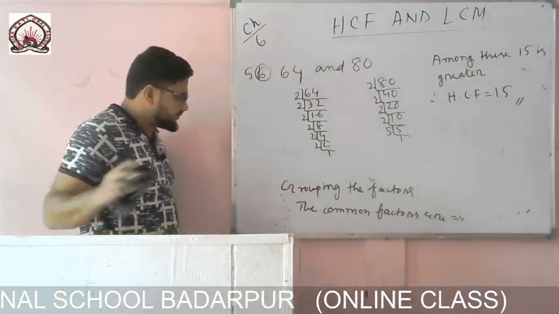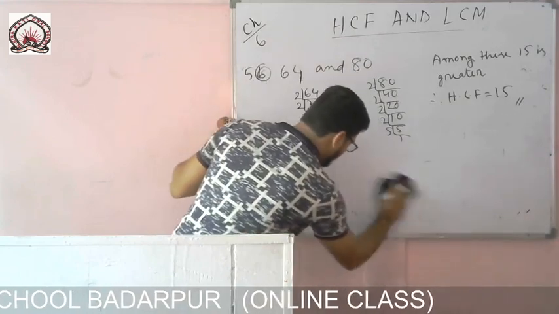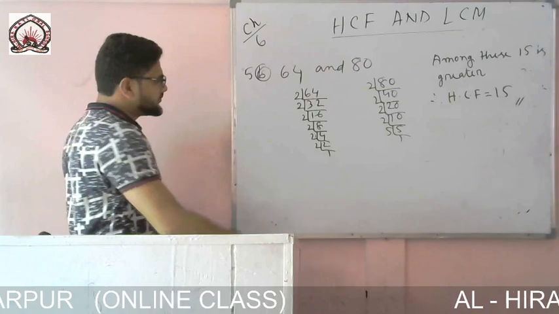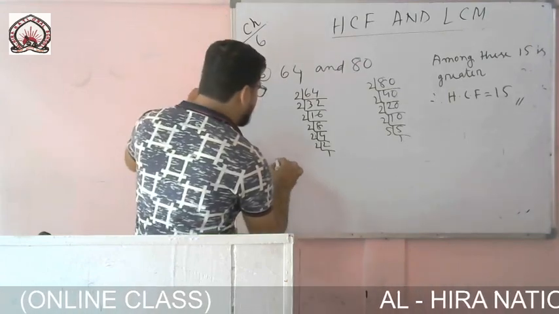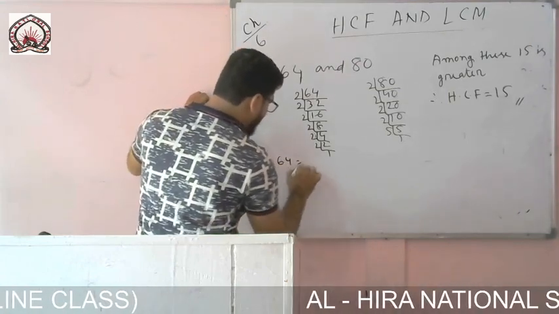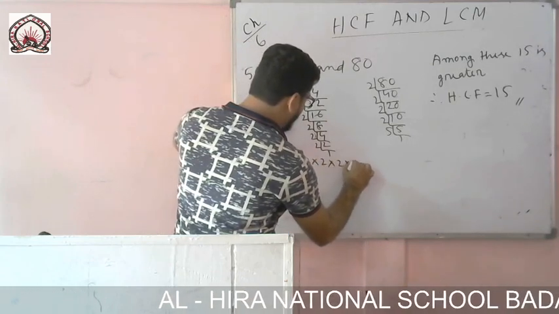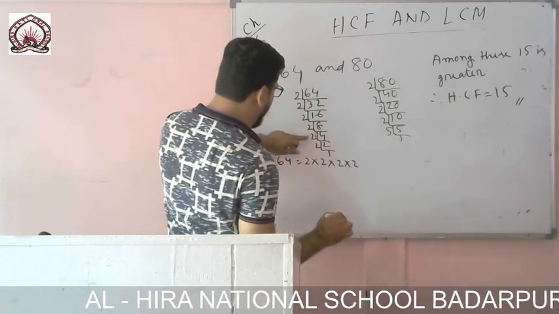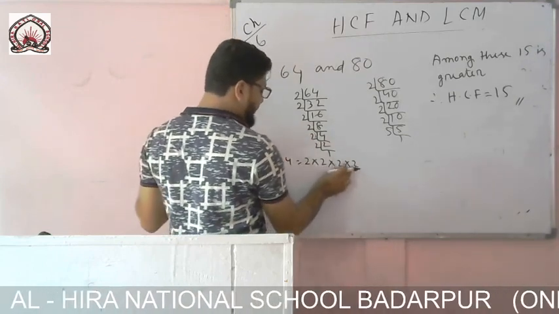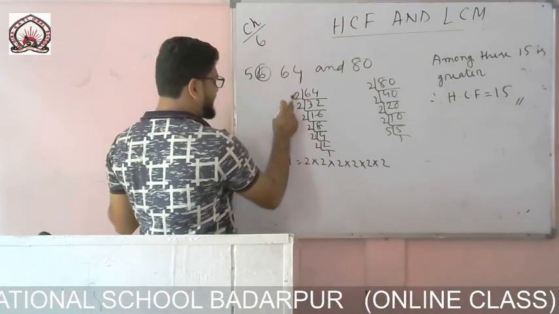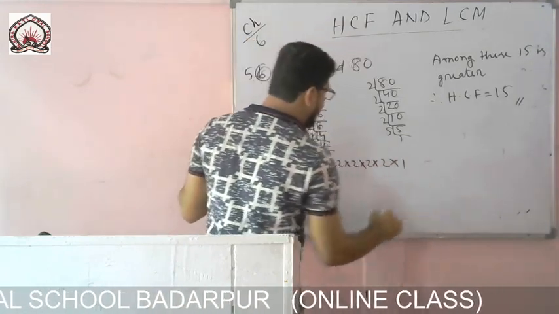Now write 64 equals 2 into 2 into 2 into 2 into 2 into 2 into 1.